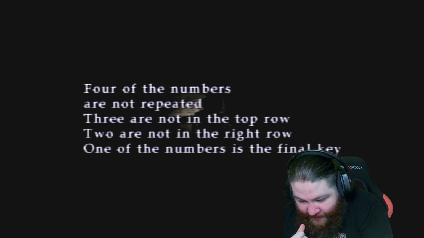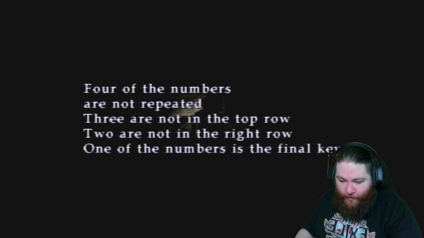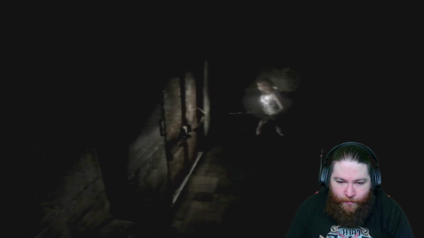So if we have the first and last number, we know the third number is less than the final number, so that would have to be 2. So the third number is 2, and that would make the second 4. So it would be 6, 4, 2, 3 based on that information.